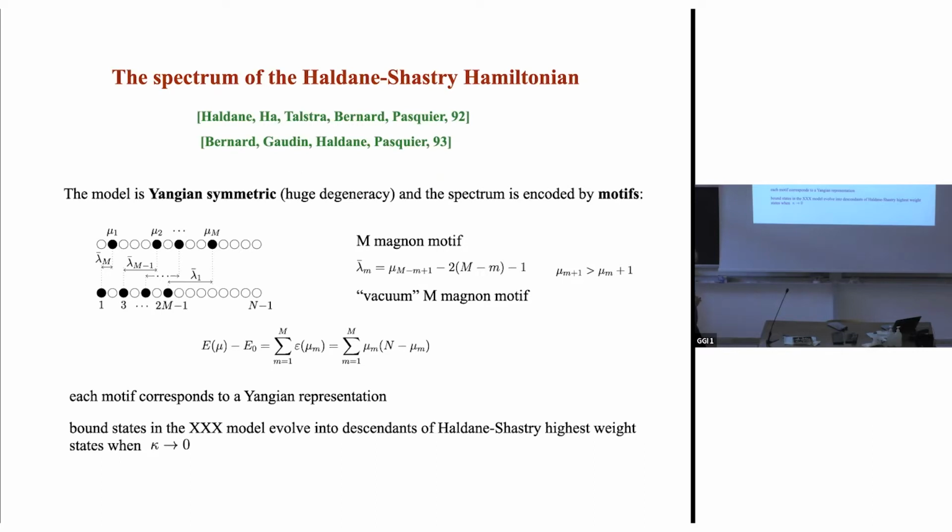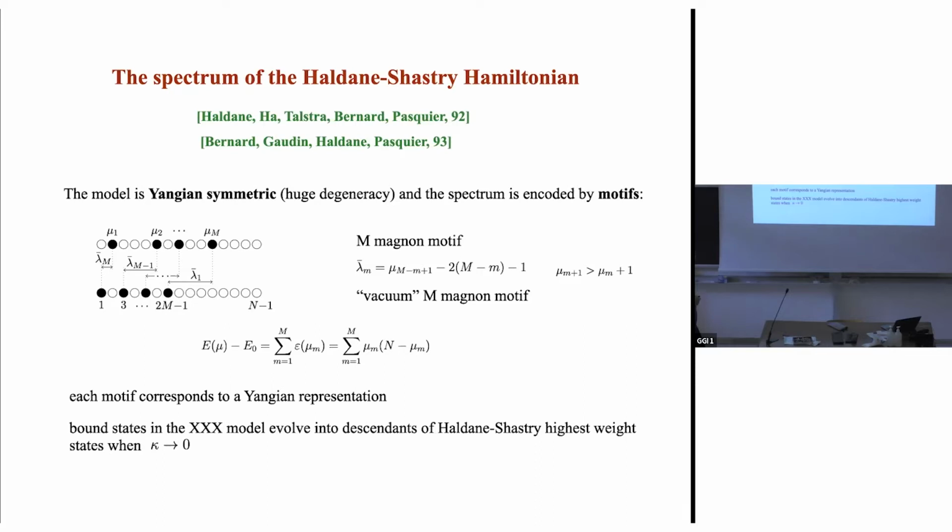So the energy is given by this very simple function of these numbers, and the only restriction for the occupation number is that the distance between two different occupied orbitals has to be greater or equal to 2.